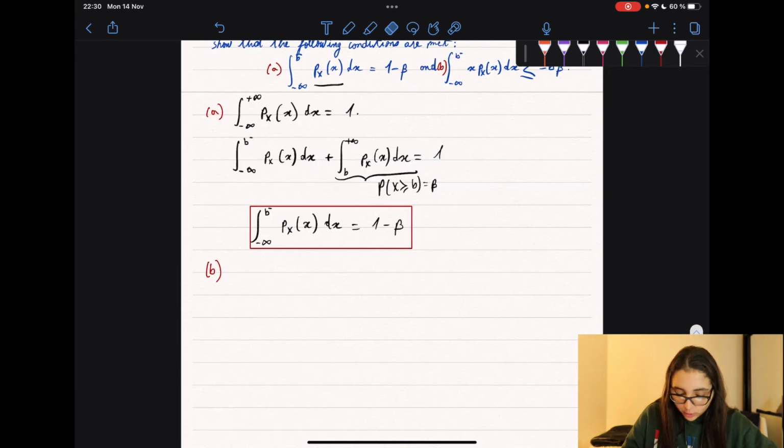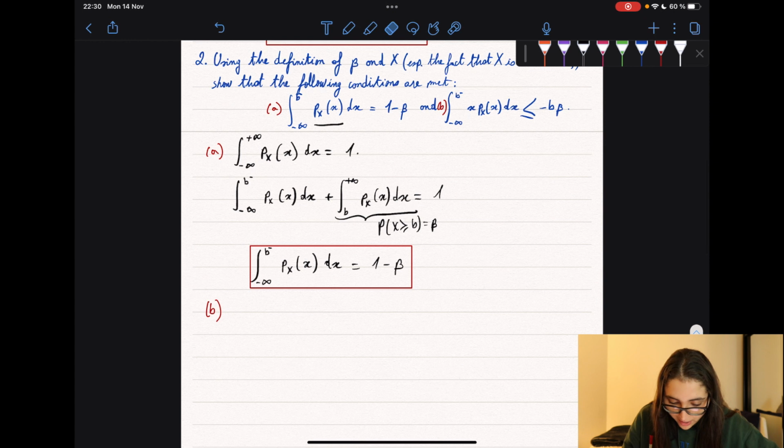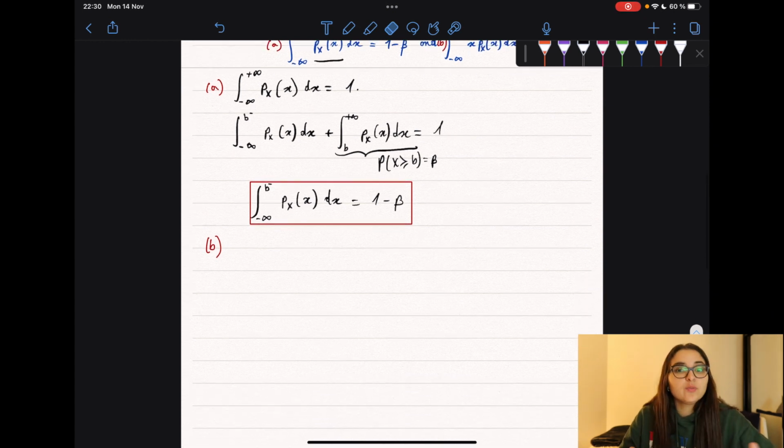Now let's take a look at how we can prove our second equation here. What we're going to use here is the definition of the expectation value of the random variable x.